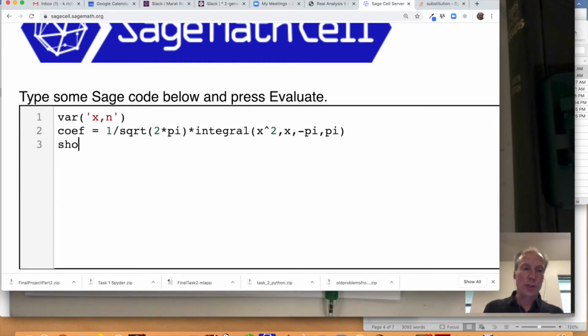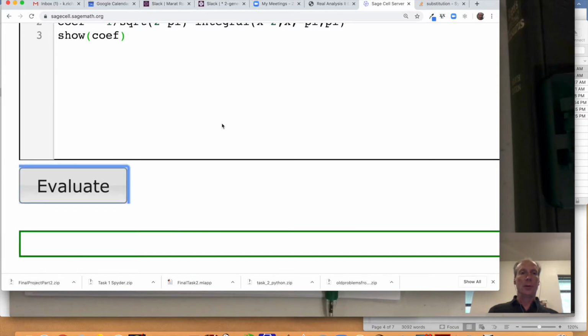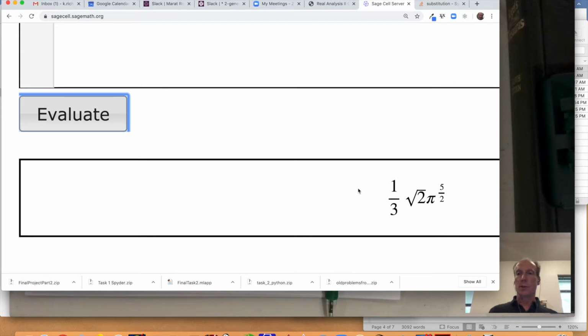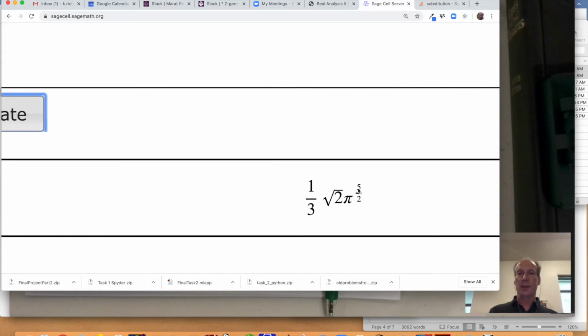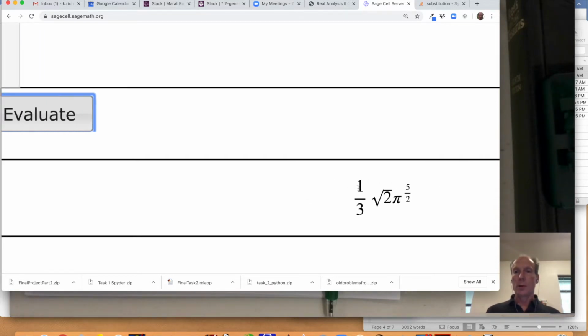And if you want to actually show the answer, you can do this as you go. So I am now going to go down to evaluate. And let's see what we get. Yes, we got it.